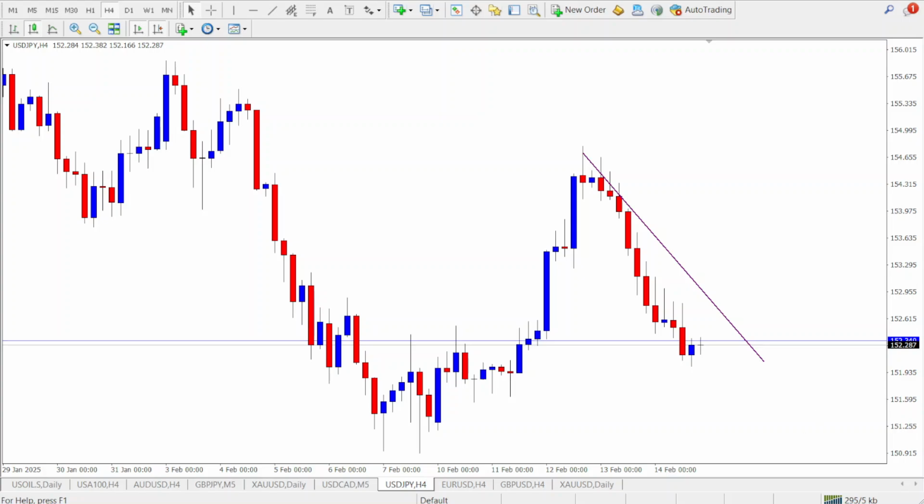So now, why does this matter to you as a trader? Understanding how pairs correlate helps you better anticipate price movements, and more importantly, it allows you to manage risk effectively. Now that we know what currency pair correlations are, let's talk about why they are important for your trading strategy. First and foremost, knowing how pairs move in relation to each other helps you avoid overexposure.